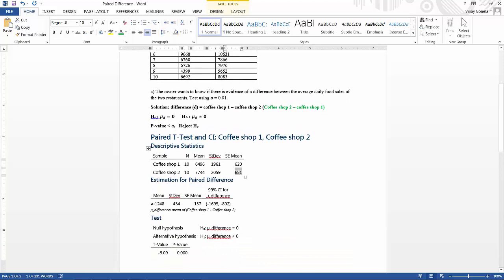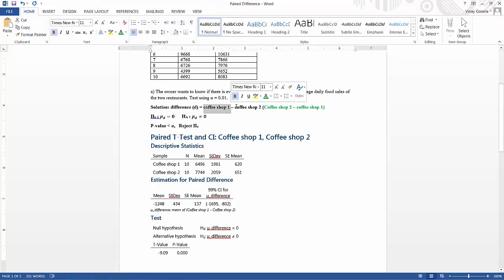And then if we do sample 1 minus sample 2, the difference is negative 1248. That means if you see, we did coffee shop 1 minus coffee shop 2, our mean is a negative value. That means coffee shop 2 has larger values.